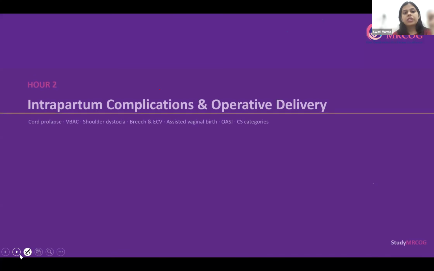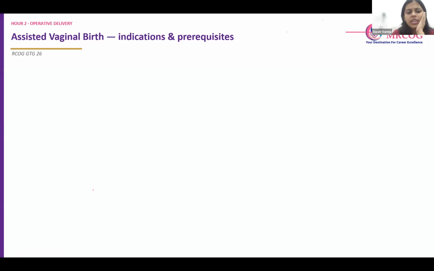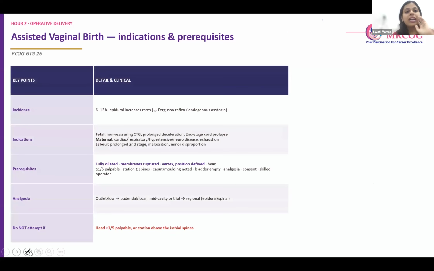Next, let's come to intrapartum complications and operative deliveries. Now, in assisted vaginal birth, first let's look at the indications and prerequisites. So, key points: incidence is 6 to 12%.